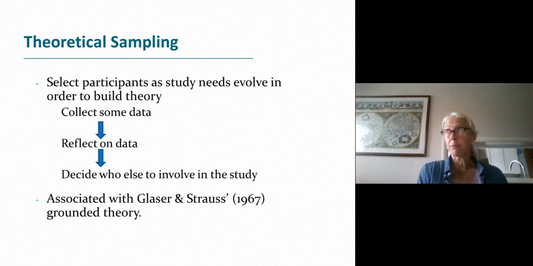So for example, in my PhD, I interviewed some local residents in Purbeck, a rural destination not far from Bournemouth, and I initially started interviewing people who were in fairly senior positions in relation to tourism, and people who were local councillors.